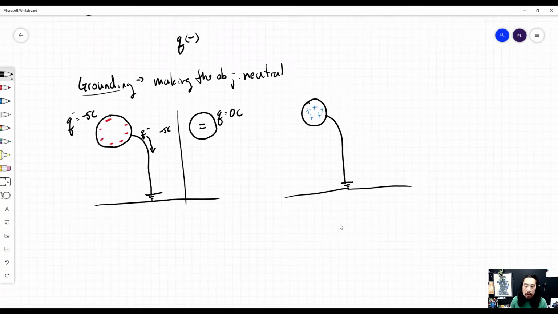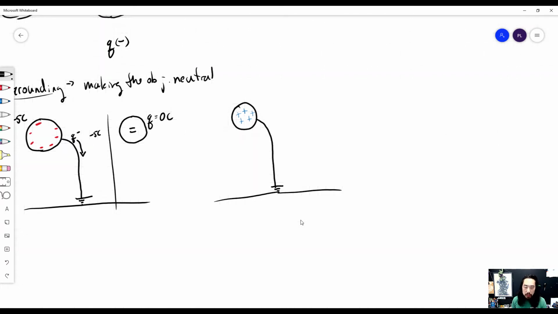If we have a positively charged object and we are to ground it, remember positive charges cannot move, only negative charges can move. So let's say this object has an overall +6 coulombs. We need to make this as close to neutral as possible. As a reminder, neutral is 0 coulombs.